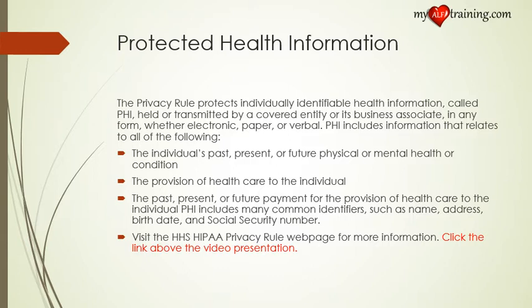PHI includes many common identifiers such as name, addresses, birth dates, and Social Security numbers. Please visit the HHS HIPAA Privacy Rule webpage for more information, or you can click on the link above the video presentation.